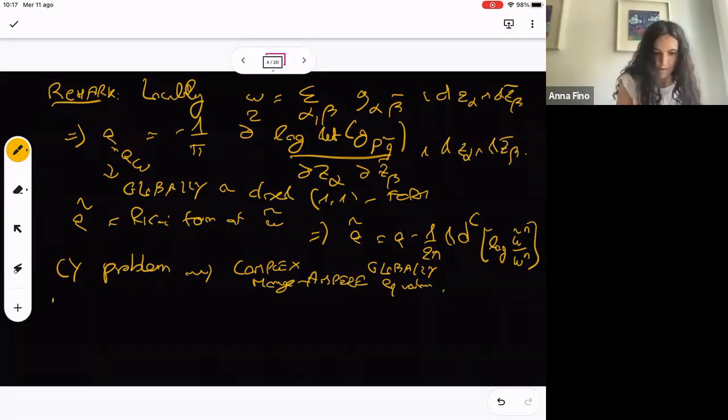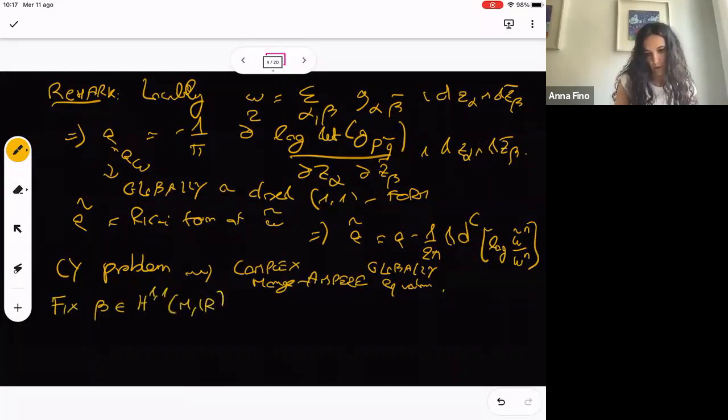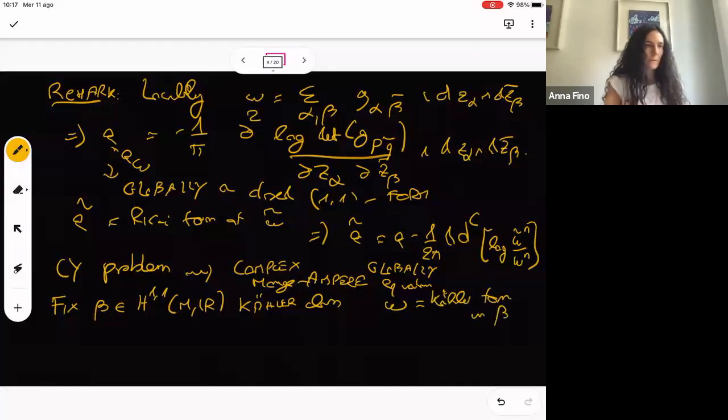So we fix beta, which is our Dolbeault cohomology type (1,1) Kähler class, and omega is just a Kähler form in the class beta.